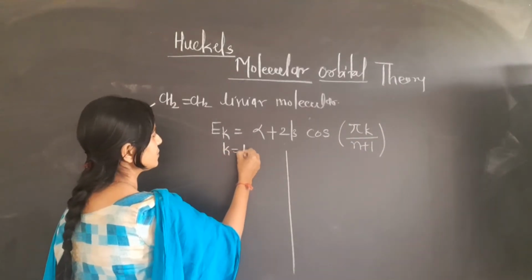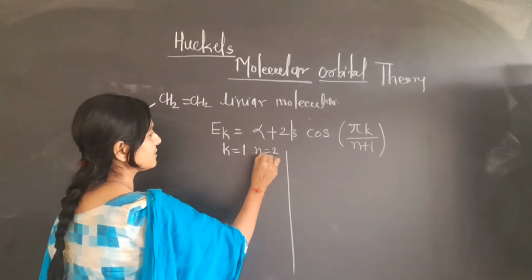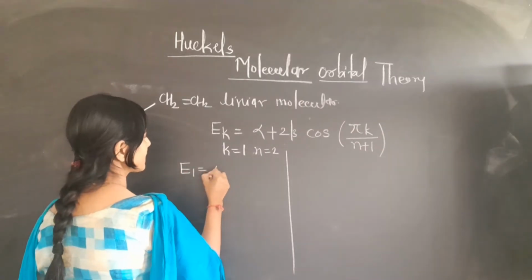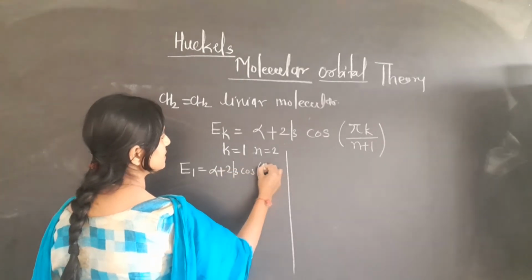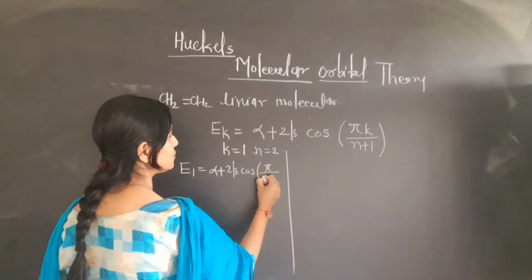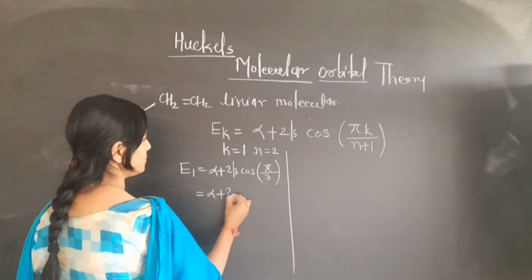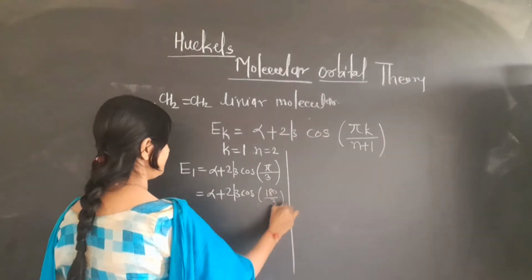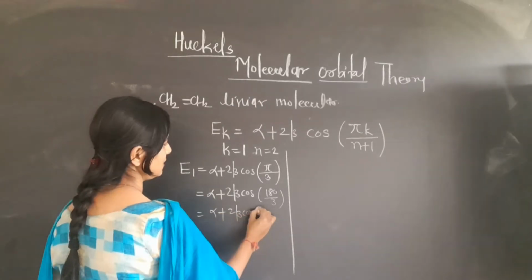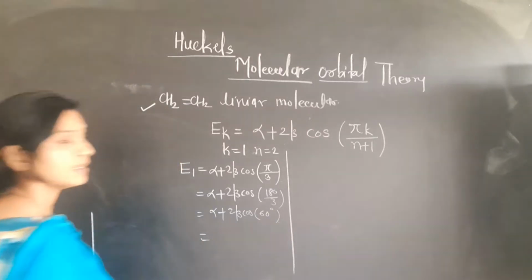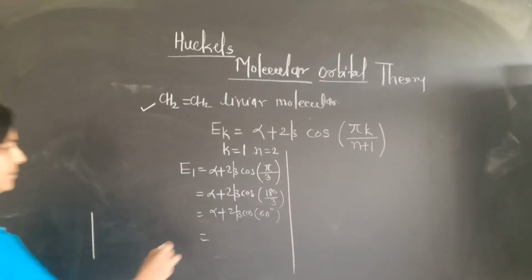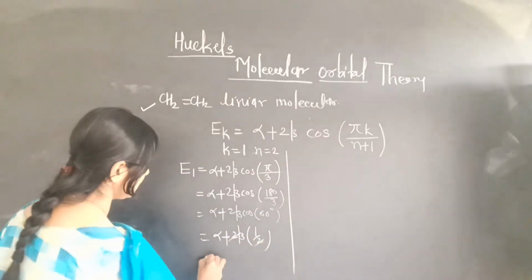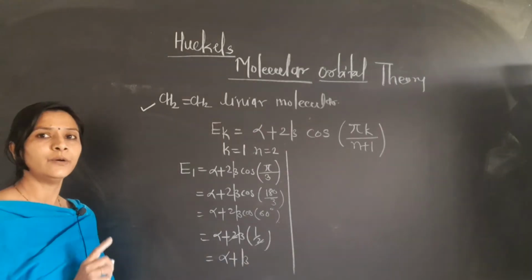When I consider k equal to 1 and N equal to 2, E1 is equal to alpha plus 2 beta cos (pi upon N plus 1), where N is the number of carbon atoms, that is 2, and 2 plus 1 is 3. So alpha plus 2 beta cos (pi, meaning 180 degrees, by 3), which is alpha plus 2 beta cos 60 degrees, and the value of cos 60 degrees is 1/2. So alpha plus 2 beta into 1/2, the 2 will cancel. Friends, look at this: alpha plus beta. This is the first energy level.